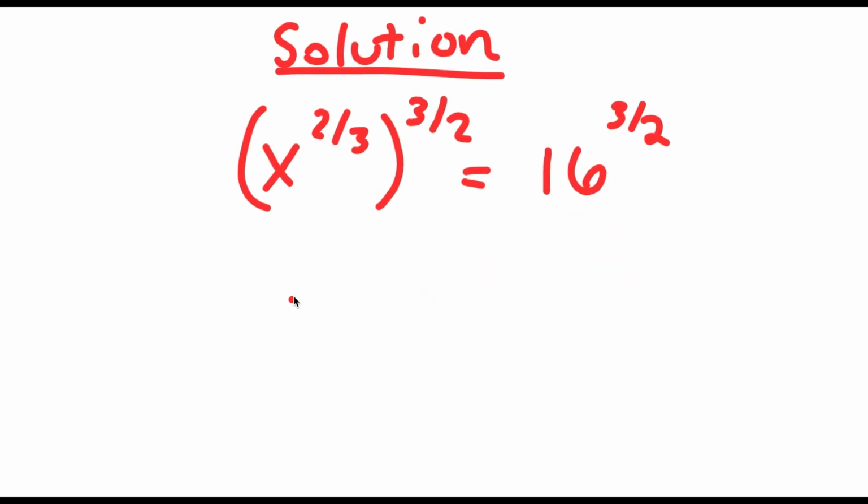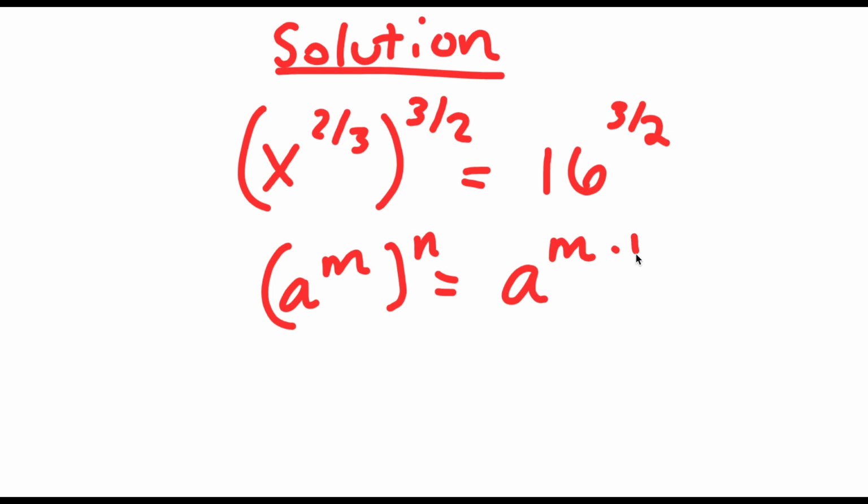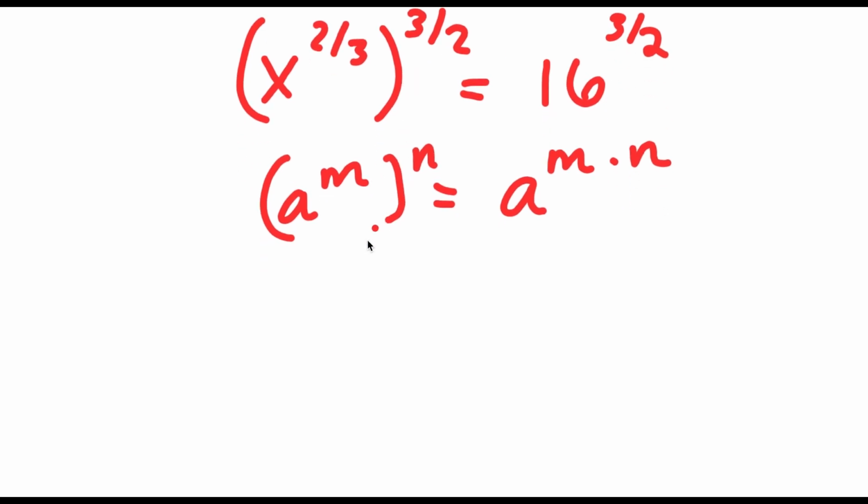Now, if I have something in the form a to the power of m to the power of n, this is the same thing as a to the power of m times n. So x to the power of 2 over 3 to the power of 3 over 2, that's going to equal x to the power of 2 over 3 times 3 over 2.